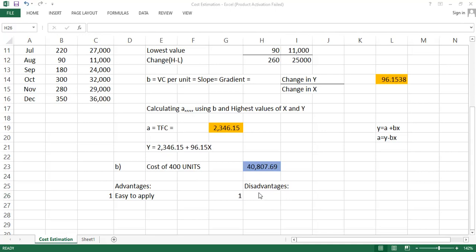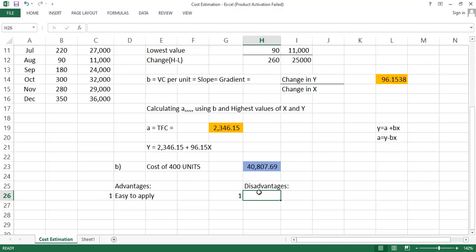So it's not very accurate in that you leave out a lot of data when you select just the highest and the lowest values. That makes it not as accurate as a method like regression analysis that considers all data. So that's one of the serious disadvantages of the high-low approach.